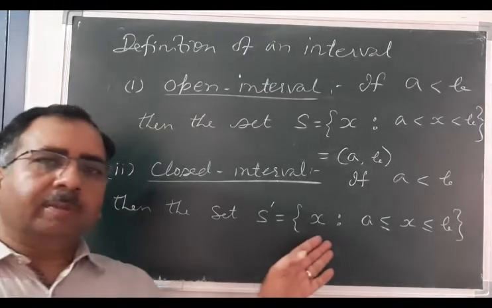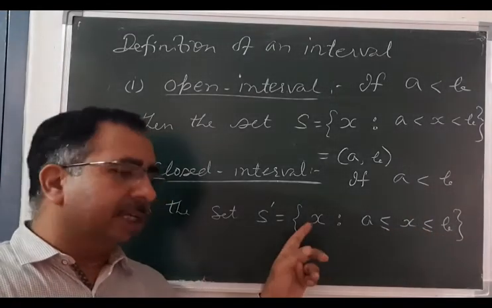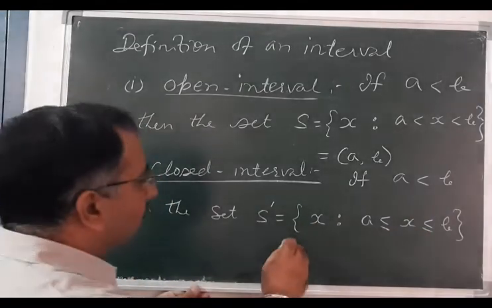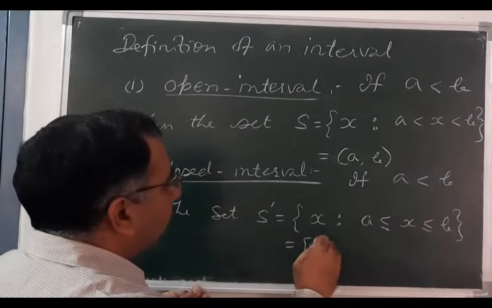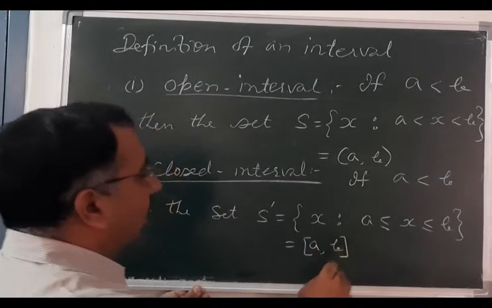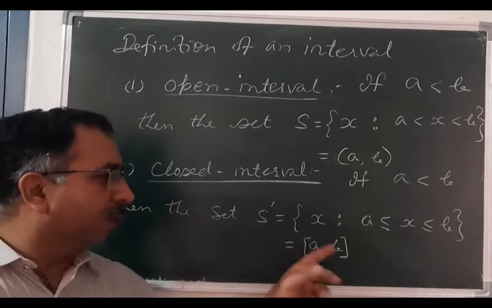Now take all real numbers between a and b and take a and b also. This set has this notation: square bracket from a to b.